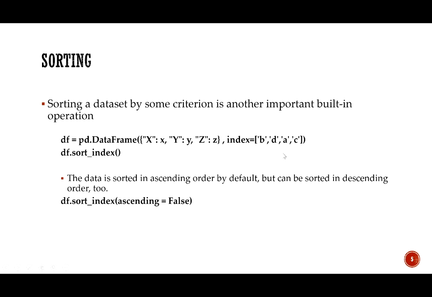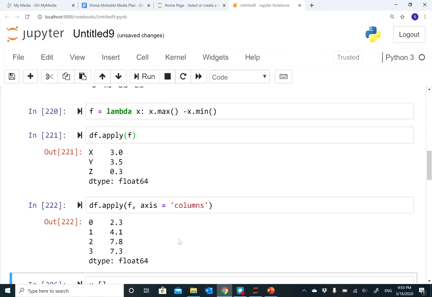So you can see how the sorting works. When I update my data frame with this index, then we can apply sort_index, and it sorts the data. By default, it's sorted in ascending order, but we can change it to descending order, and we just need to add one argument to sort_index, and we make ascending equal to false. Okay, let's apply this and see what the result would be.